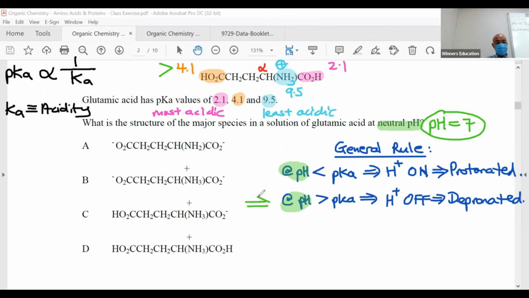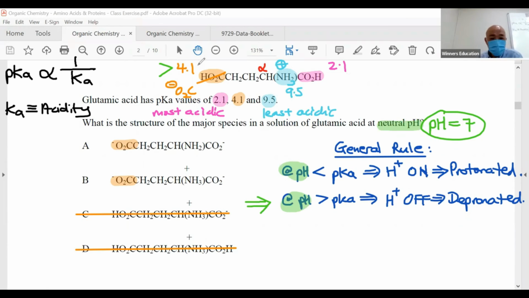Take a look at my color code. Look at my pen. So H plus is off, it is deprotonated for the orange group. Makes sense to me? Which means this group will then be COO minus. Connected. Everyone okay? Aha. Then we'll highlight. Goodbye. I eliminated 2A.